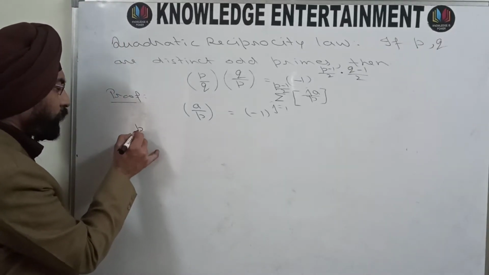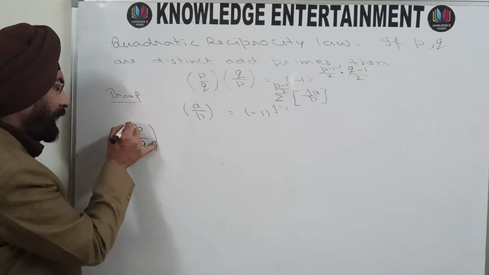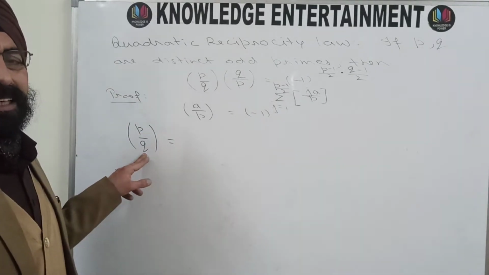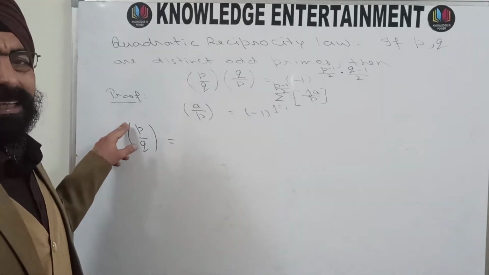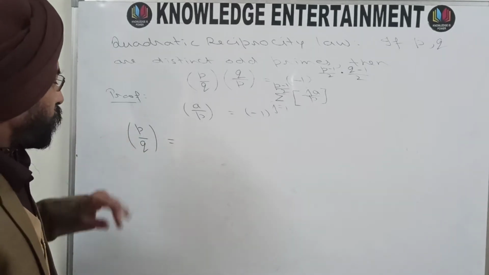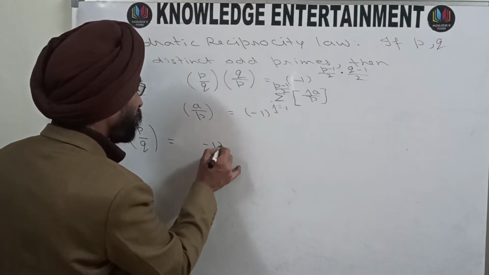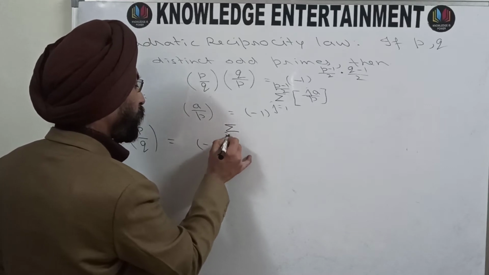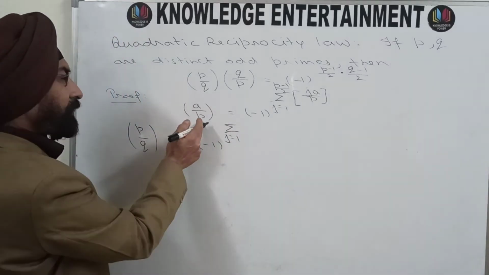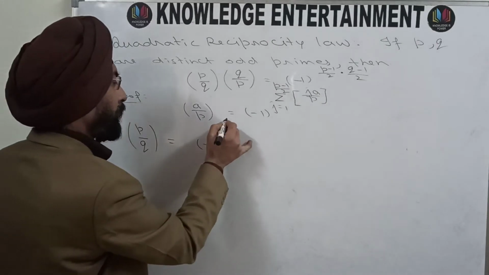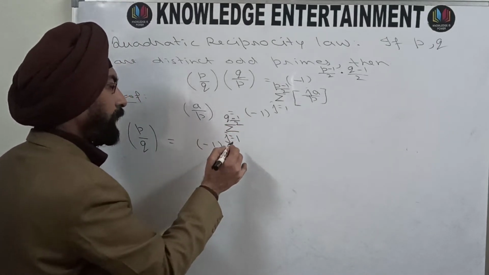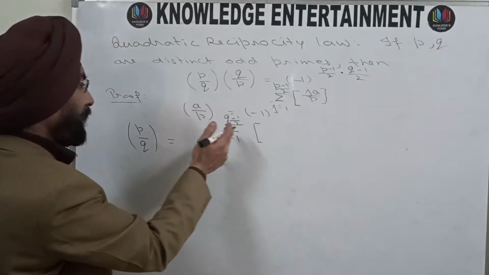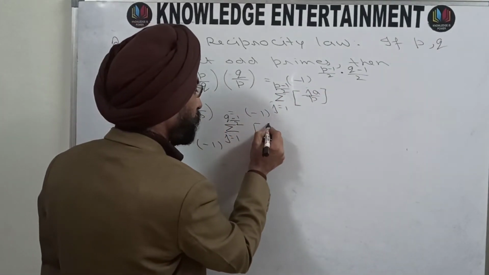This result will give you the Legendre symbol p by q is equal to, here q we are using as an odd prime and p as an odd integer in the previous theorem, minus 1 raised to the power sigma j varying from 1 to, now earlier it was p minus 1 by 2, now it is q minus 1 by 2, of the greatest integer function, the box of, it was j a by p and now it is j p by q.